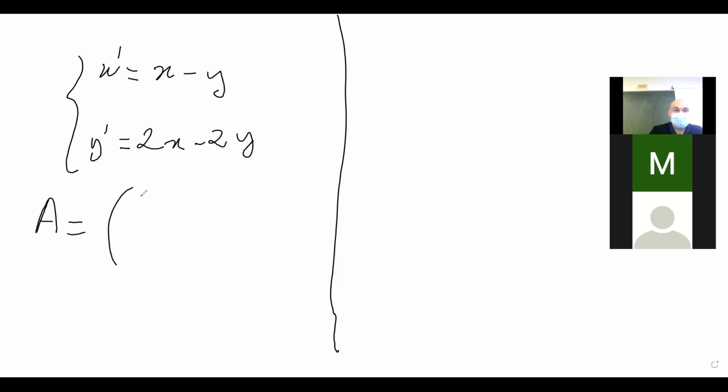My matrix writes 1, minus 1, 2, minus 2.